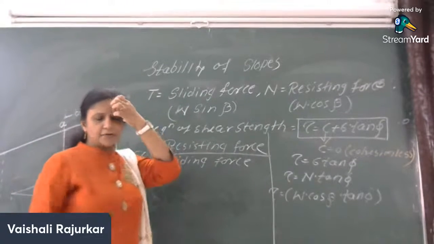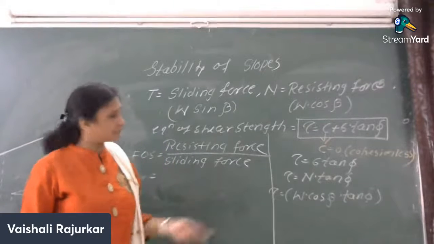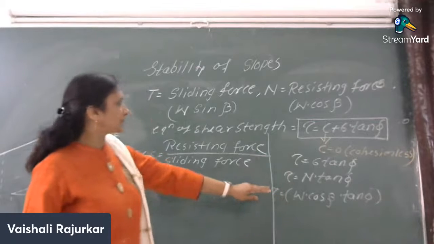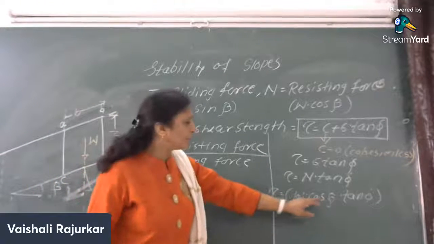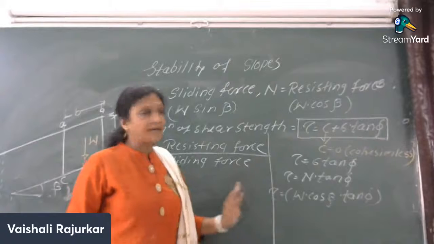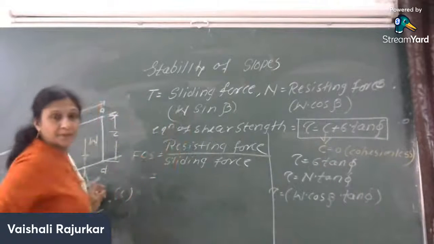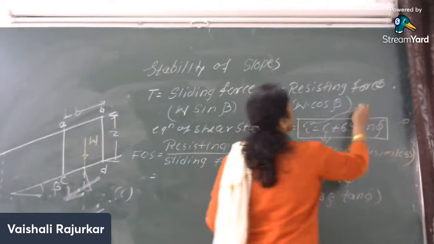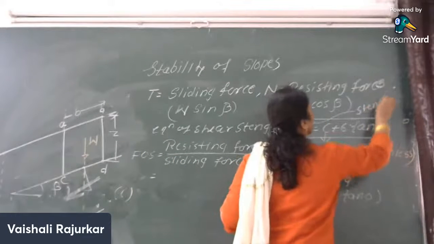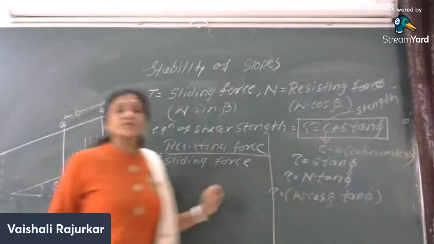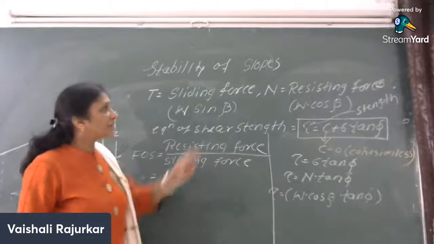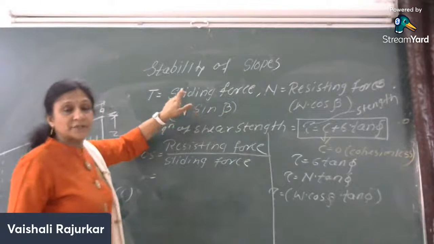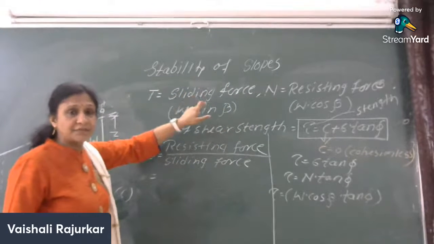So the resisting force is W cos beta into tan phi divided by W sin beta, because this N is the resisting component and this is the strength. Therefore, the normal component is the resisting force and the tangential component is the sliding force.